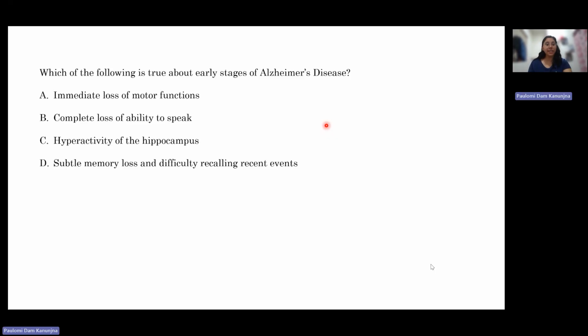Okay, while that's happening, let me give you the answer here. The first stage of Alzheimer's disease is subtle memory loss and difficulty recalling recent events. And why does it become easier for you to answer this in this course?